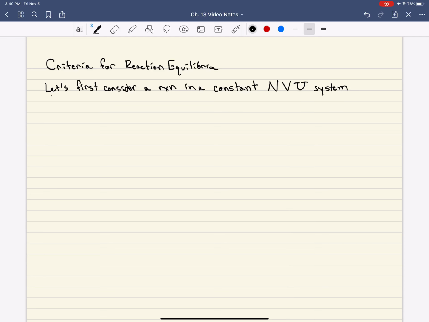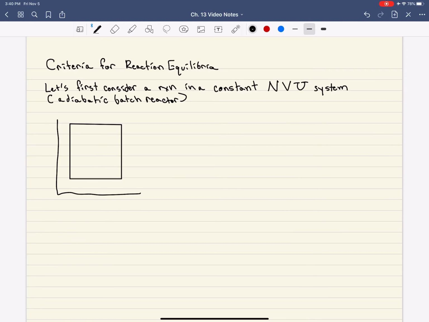In your reactor design course, this type of reactor would be known as an adiabatic batch reactor. Where you could picture it like this. So I have a square with some insulation around it, and reaction mixture is inside.